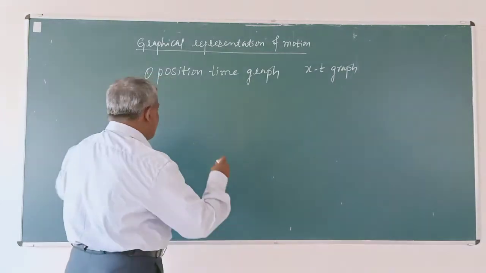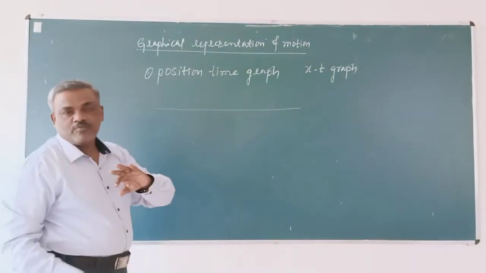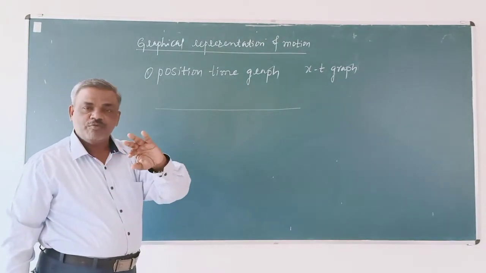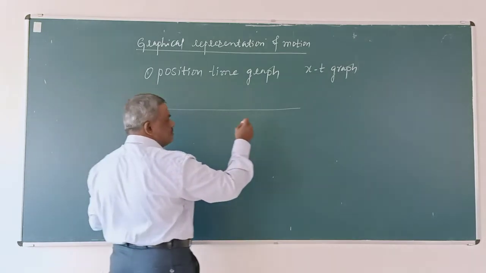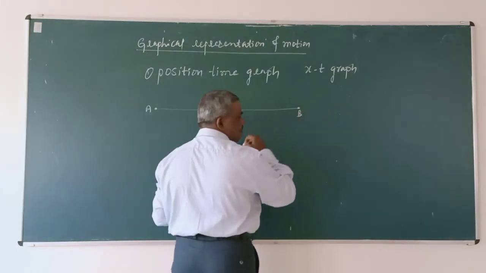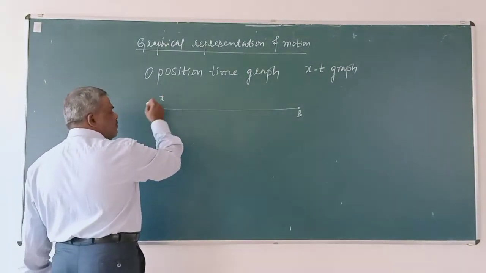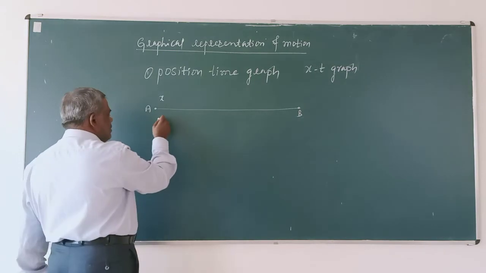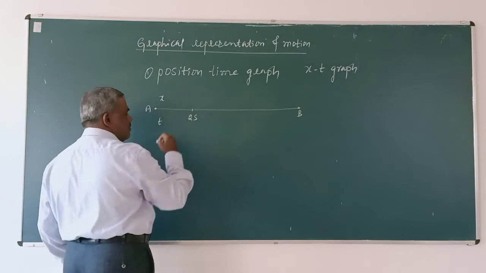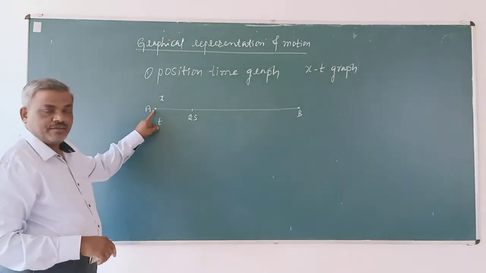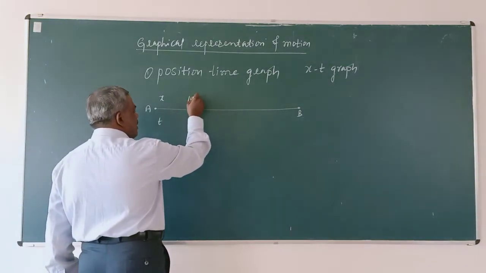Now for an example, a body moving along a straight line, such as a vehicle moving on the road, from A to B. Here x is the distance or position, and t is the time. After 2 seconds, the body starting at A covers maybe 10 meters.